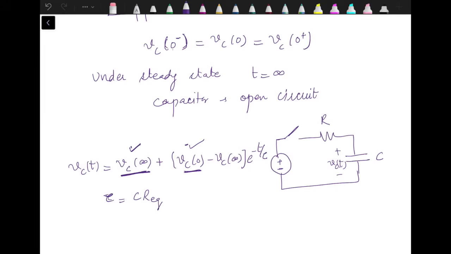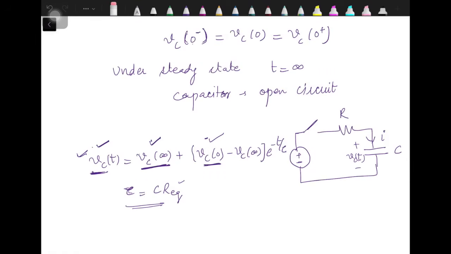Now we need to note that in both the cases, whether it's an RL circuit or RC circuit, tau is calculated from the conditions after switching. So we need to calculate R equivalent from after switching conditions, and then we can have the value of time constant.